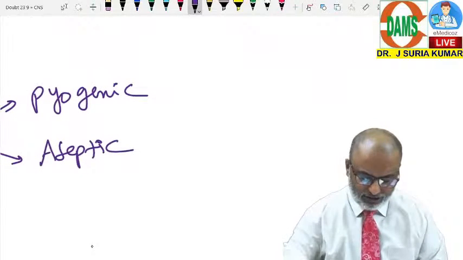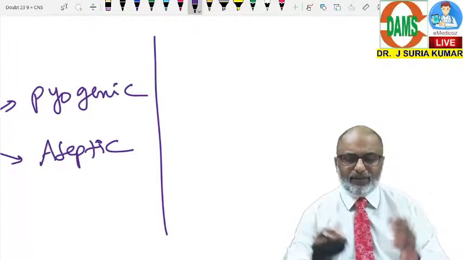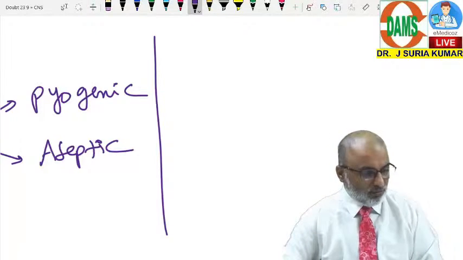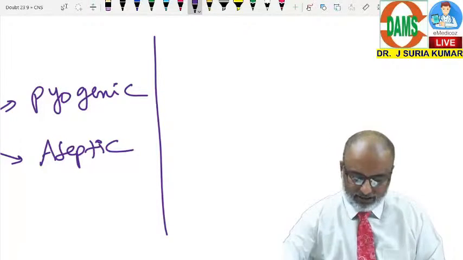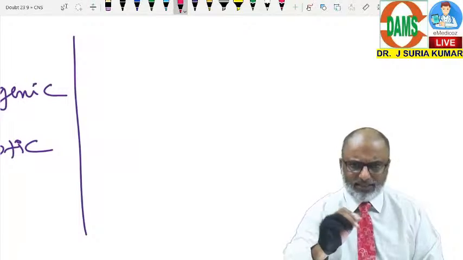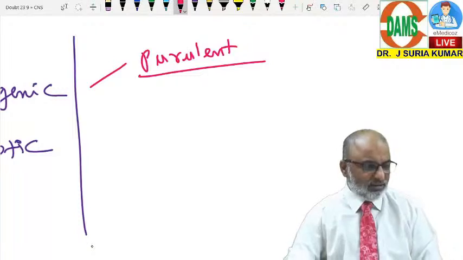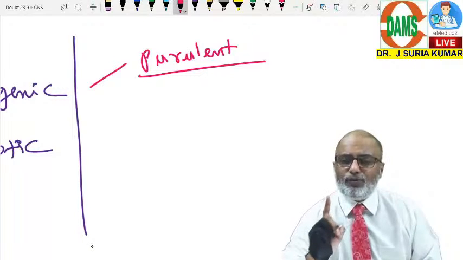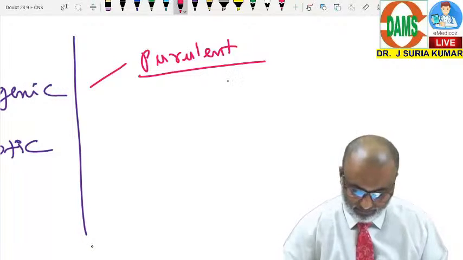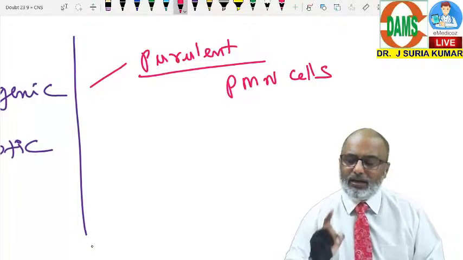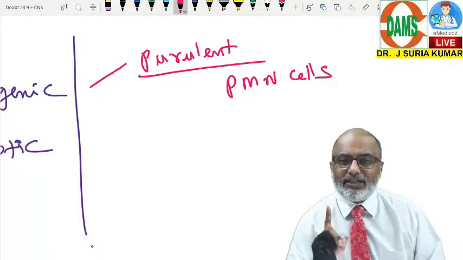Next, in the meningitis we are again classifying based on the cells which are present in the CSF. One is called purulent meningitis. I'll summarize, don't worry. It contains polymorphonuclear cells. Another one is lymphocytic meningitis.